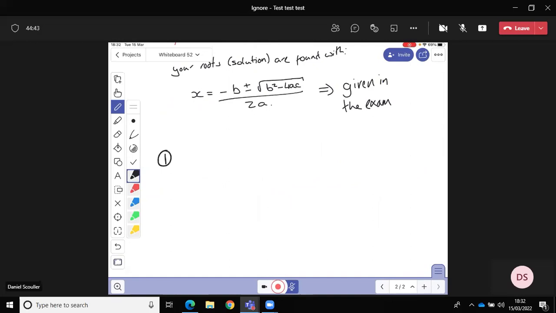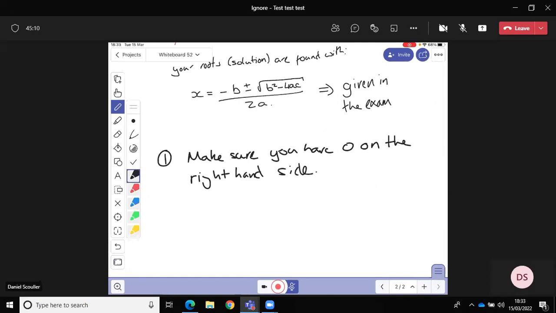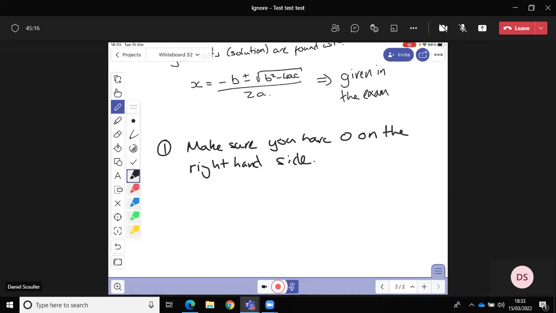Step one is make sure that your original equation that you're working with has the number zero on the right hand side. So we looked at an example of that on Thursday, where we had x squared and x term on the left hand side and we had another number on the right hand side.